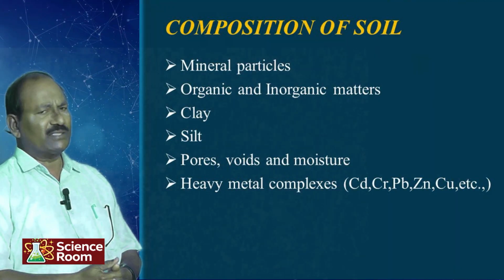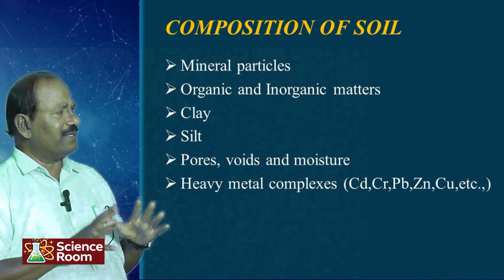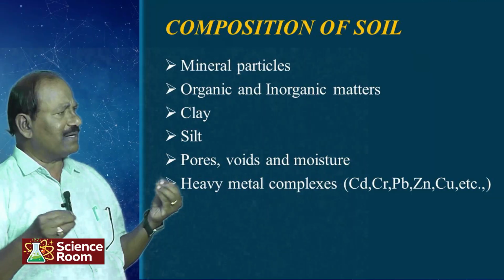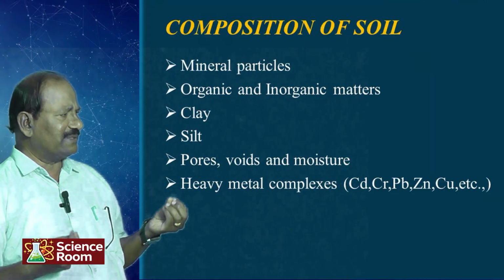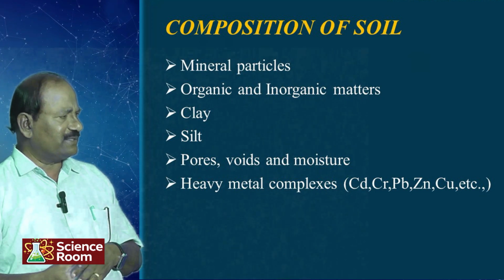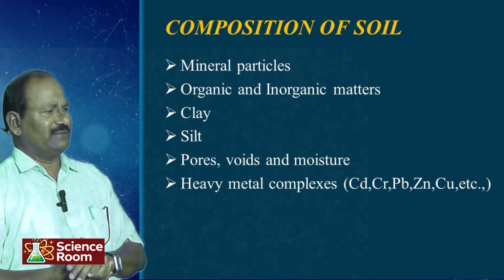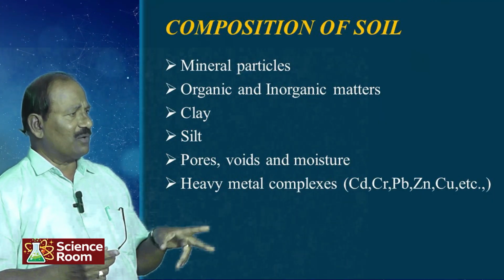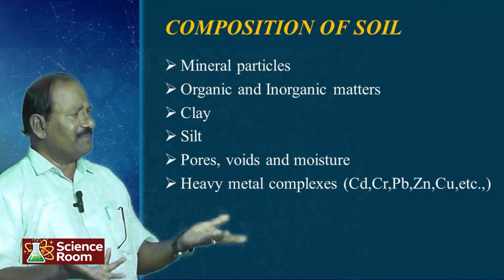What is happening in the soil? What is the composition of the soil? The soil contains some mineral particles, organic and inorganic matter, clay, silt, and it contains pores, voids, moisture, and heavy metals. See these metals. In addition to this, we add sulfates and chloride from the industries.